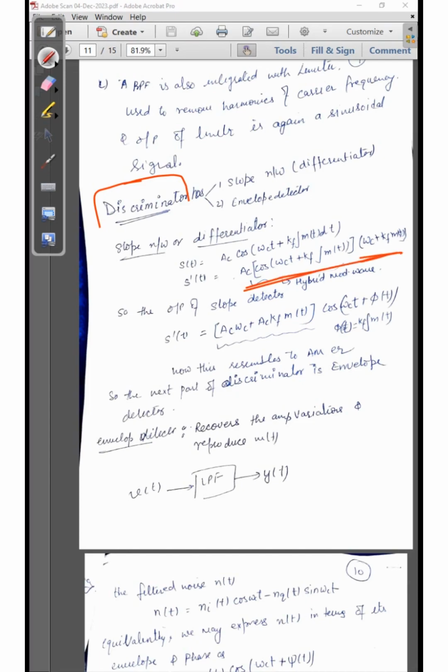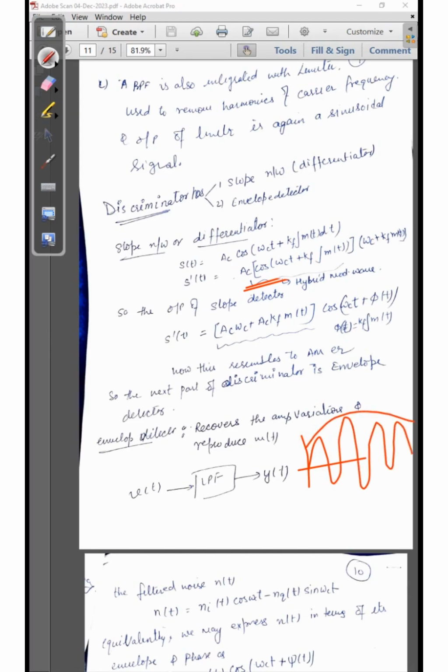The second part of the discriminator is the envelope detector. Now what is the function of the envelope detector? We have seen in earlier videos that the envelope detector detects the variation in the amplitude, right? It traces the amplitude.